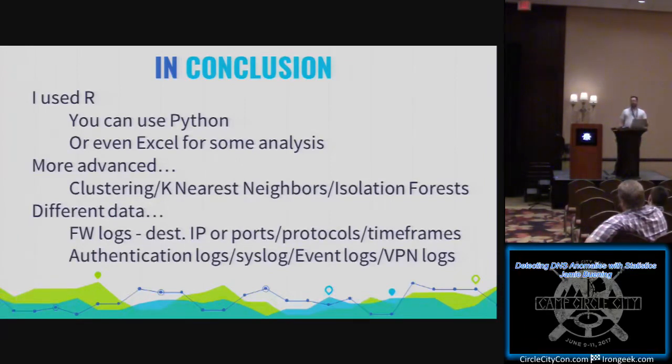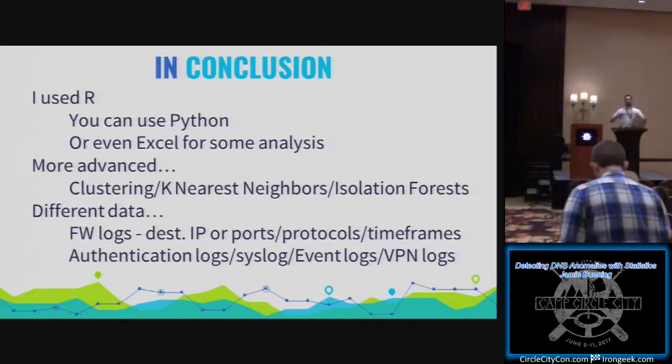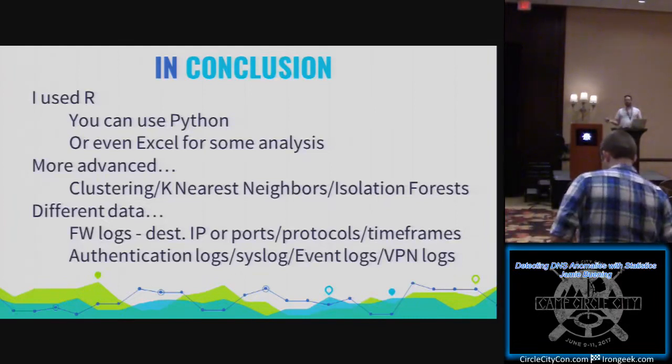From here, the examples I did weren't particularly advanced as far as clustering, but those functions exist both in Python and R, like k-nearest neighbor, so trying to use statistical methods to group your observations into similarities. And then isolation forest is interesting as well. So you have this set of 21.5 million queries.